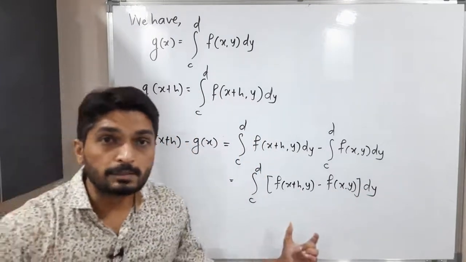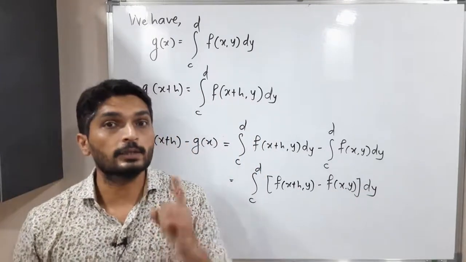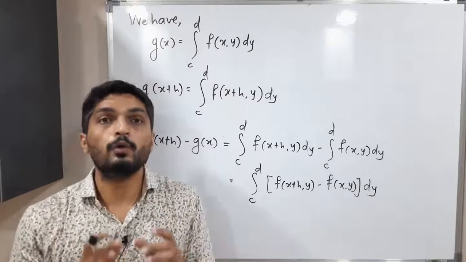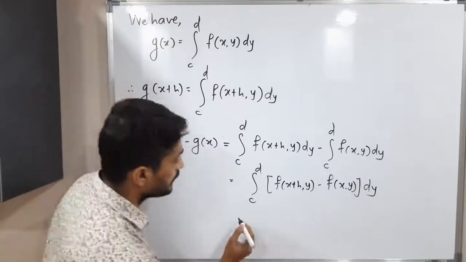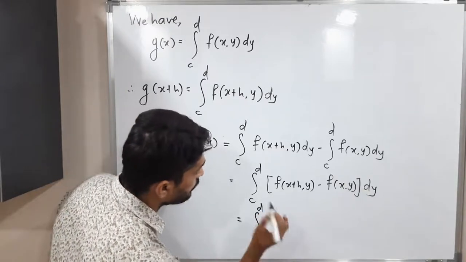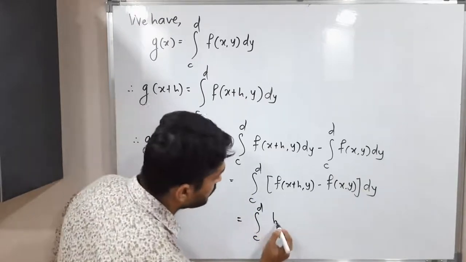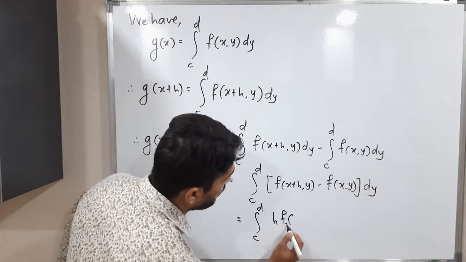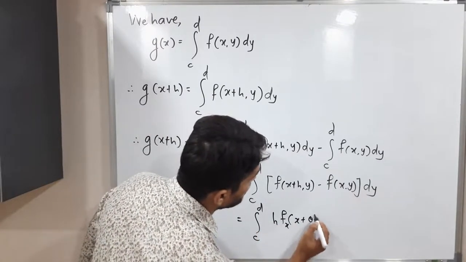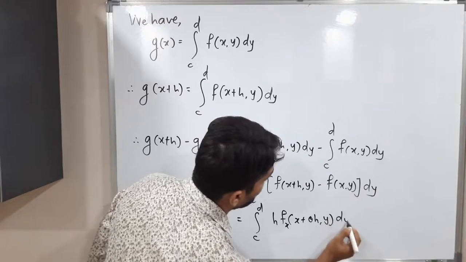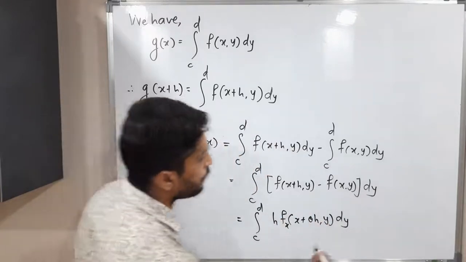Have you seen this bracket anywhere? Yes, in equation number 1 we have already got an expression for this bracket. Let us use equation number 1 here. So the integral from c to d, from equation 1 we had got h times f_x, the partial derivative of f with respect to x, at (x+theta h, y), dy. I should mention, from 1.